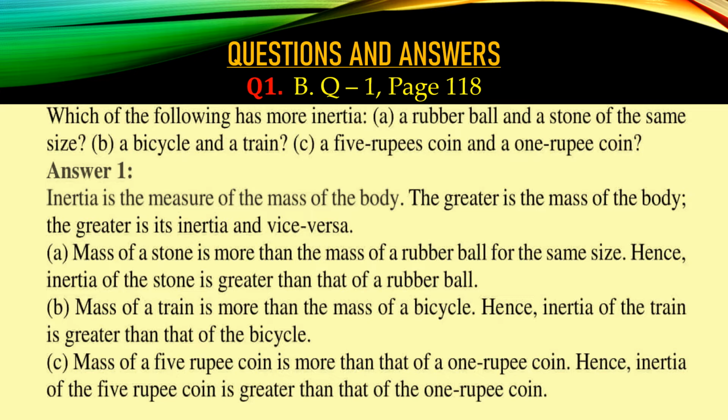In the second case, when we compare the bicycle and the train, it is very clear that the train is the massive object. So the inertia of the train is more and the inertia of the bicycle will be lesser. In the last case, the 5 rupee coin has more inertia because it is more massive when compared to the 1 rupee coin.